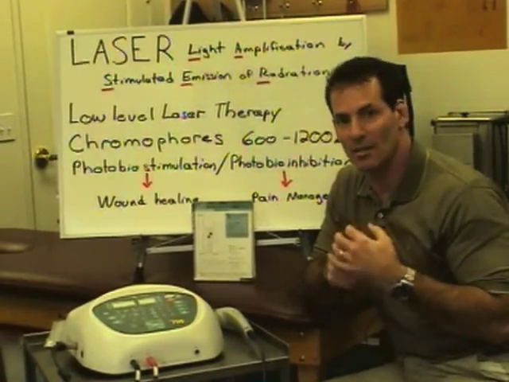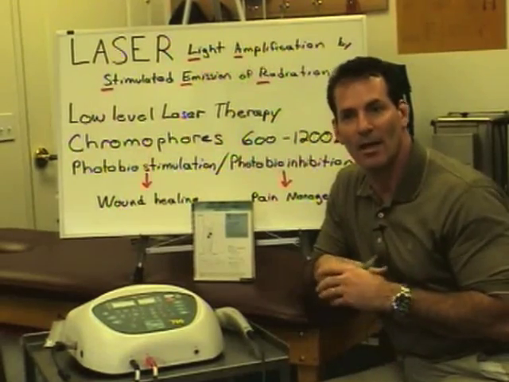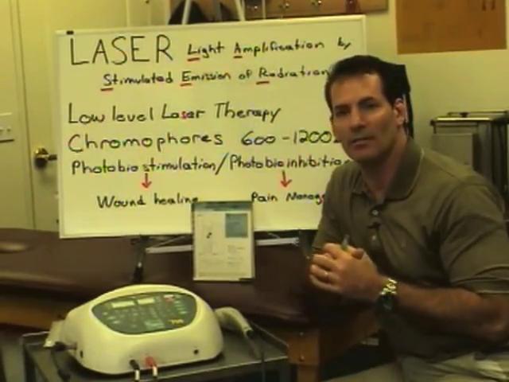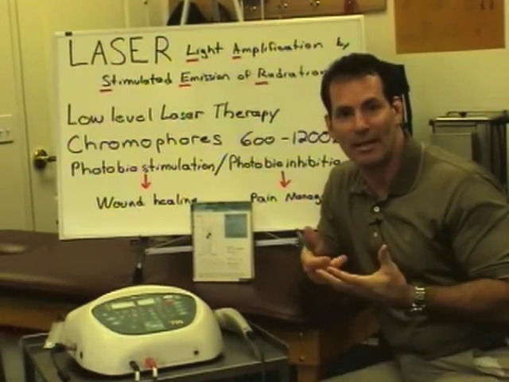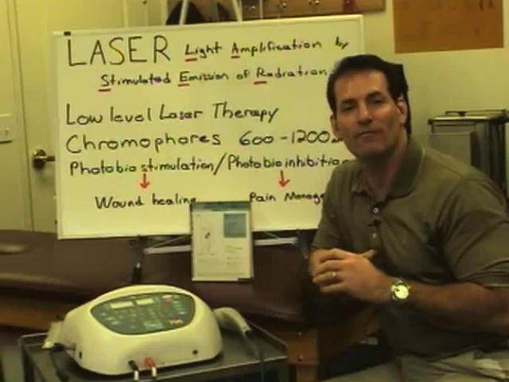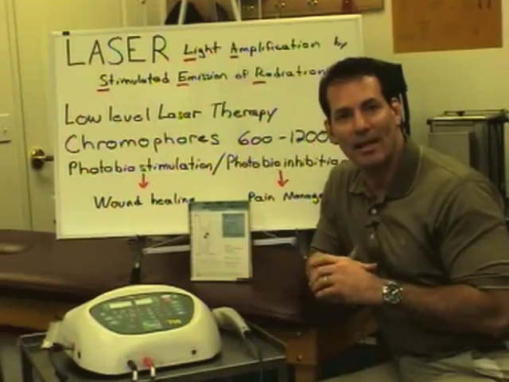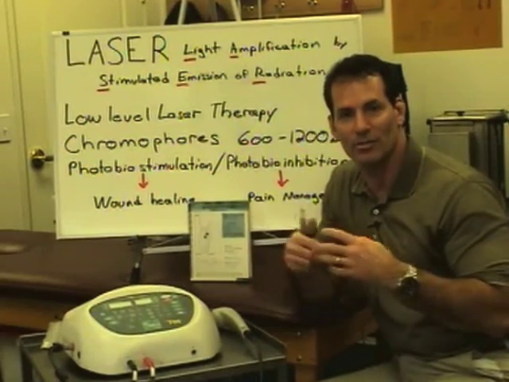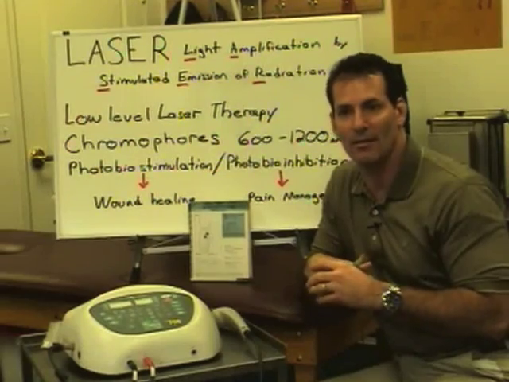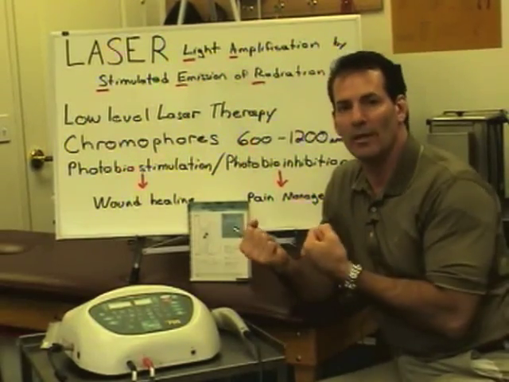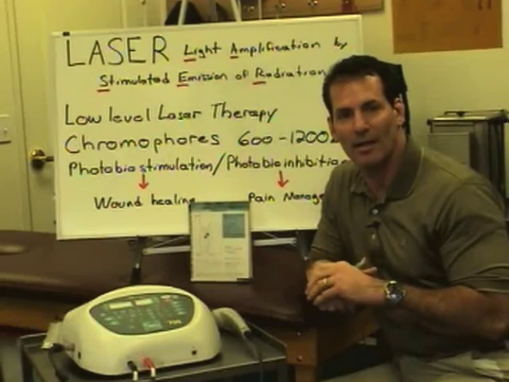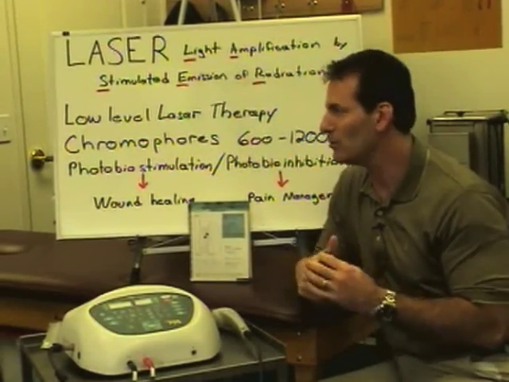And you see these in the eye, in the retina, and you see these out in the environment in plants. We all have studied photosynthesis when we were in school, and that is how a plant takes light and turns it into energy, and then the plant grows. We have the same properties in our bodies, and that's what these chromophores do.